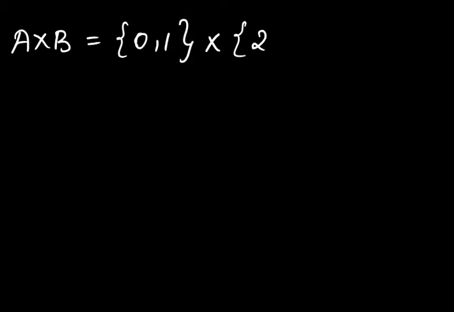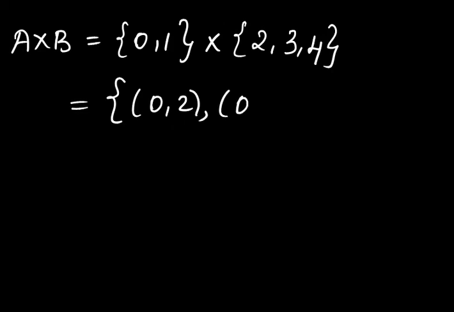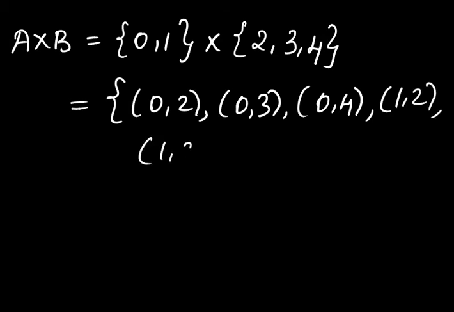So after solving for LHS, we need to solve for RHS. So RHS, the first term is A cross B. So A cross B is equal to A value, set of 0, 1, and B value, set of 2, 3, 4. So write in ordered pairs, we'll get 0, 2, 0, 3, 0, 4, 1, 2, 1, 3 and 1, 4.